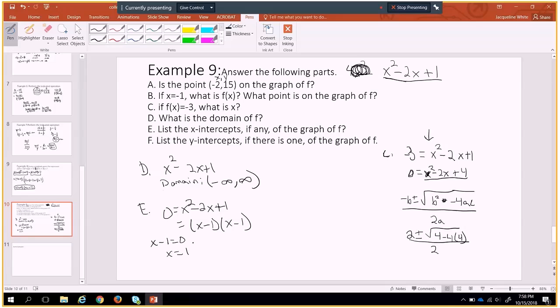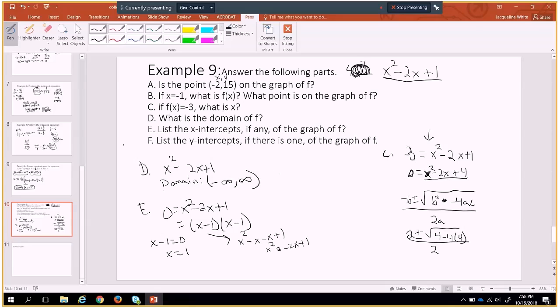Once again, just solve for your x's when y is equal to 0. And if you wanted to make sure that this was true, we just FOIL it. So it's x squared minus x minus x plus 1, so that's x squared minus 2x plus 1. All right, so that's part E.